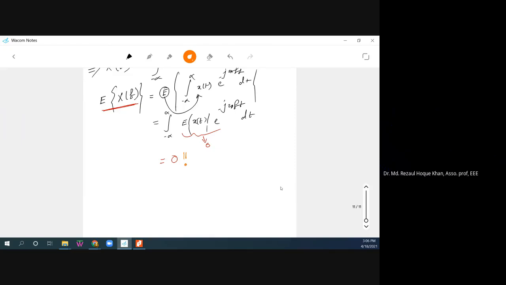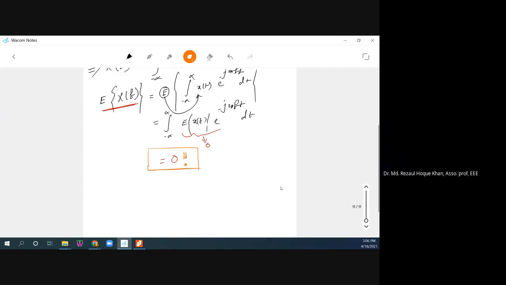If the spectrum of the transmitted signal, or the Fourier transform of the transmitted signal, is 0, what does it mean? It means that we do not need to transmit a signal at all, because this is 0. It cannot be. It means something is wrong somewhere.